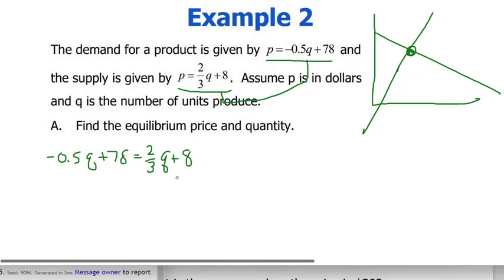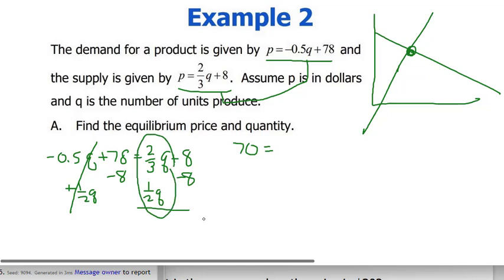I'm going to subtract 8 from both sides, and I'm going to think of 0.5 as 1/2 instead. So I'm going to add 1/2 Q to both sides. On the left hand side, those are gone, we're just going to have 70. And on the right hand side, we need to figure out how to add those two. So 2/3 plus 1/2, we could do the work of getting a common denominator and adding together.